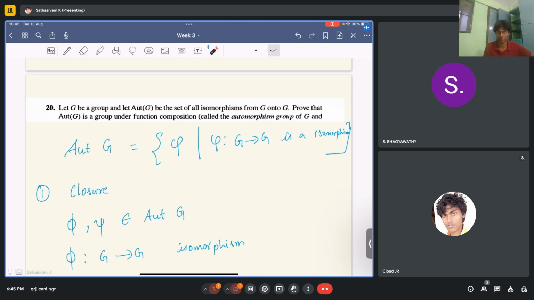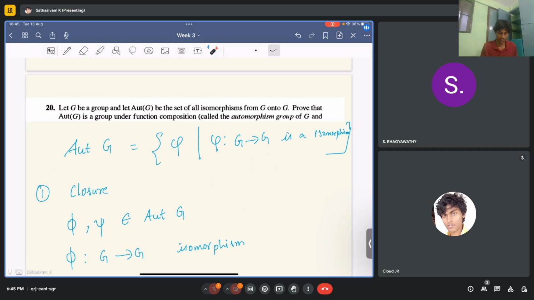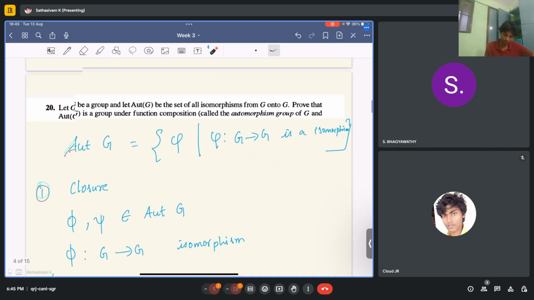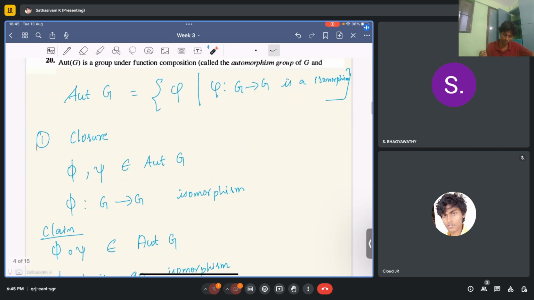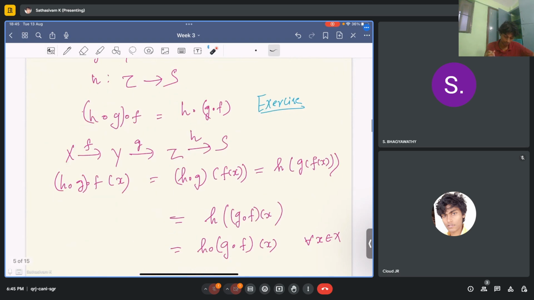That's why matrices are important. You might have seen GLn, right? GLn is basically the automorphisms of the vector space, if you know what a vector space is. So any automorphism group is an important object to study, and one of the reasons matrices are so important is that they capture the automorphisms.